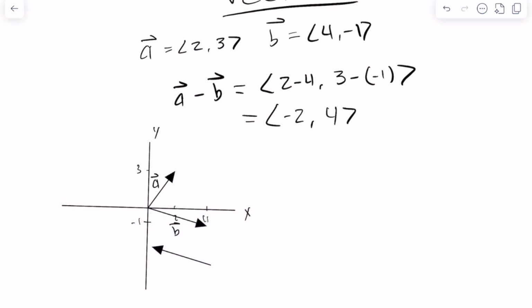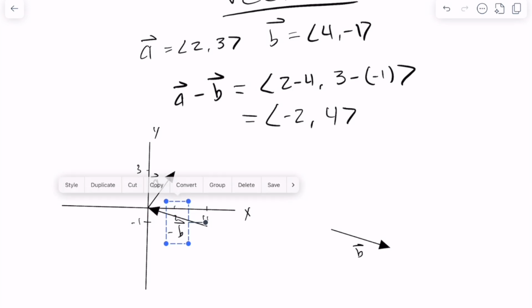Let's take our B out of here, and let's replace it with our new negative B. So really all you have to do in order to get the negative value of a vector is flip it. What we did there is we really multiply it by a scalar value of negative 1 to flip the vector.